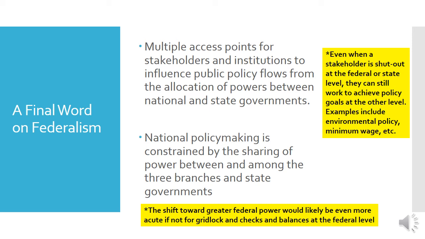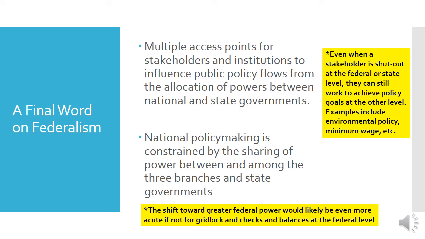So I added this point of clarification on the right that even when a stakeholder, so think of yourself as an interest group or a political party, even when you're shut out of the policymaking process, either at the federal level or at the state level, you still have the other one to try to work to achieve your policy goals. So just a couple examples that came up off the top of my head.